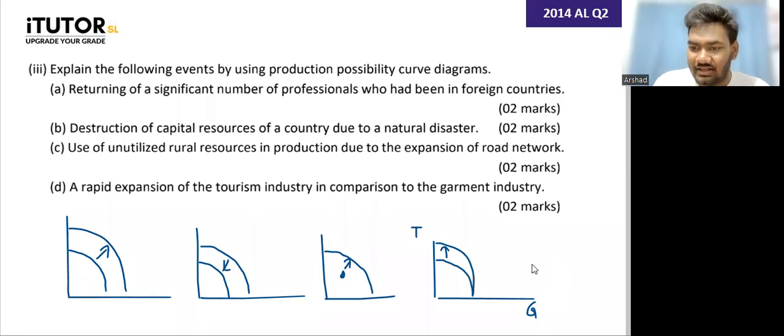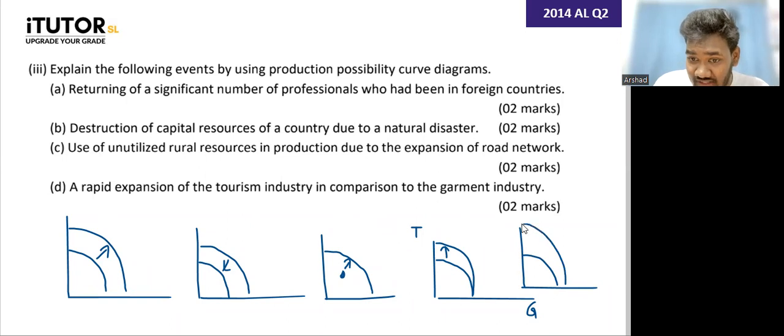Now, for example, you can even show this like this. They are saying a rapid increase in tourism compared to garment. So they are not saying that the garment is not growing. So maybe you can show it like this also. For example, garment industry grows a little, but tourism grows a lot. See, this is garment, this is tourism. Even this should be correct, guys, because they are not saying that only the tourism industry is growing. I think they should give you marks for both 1 and 2.